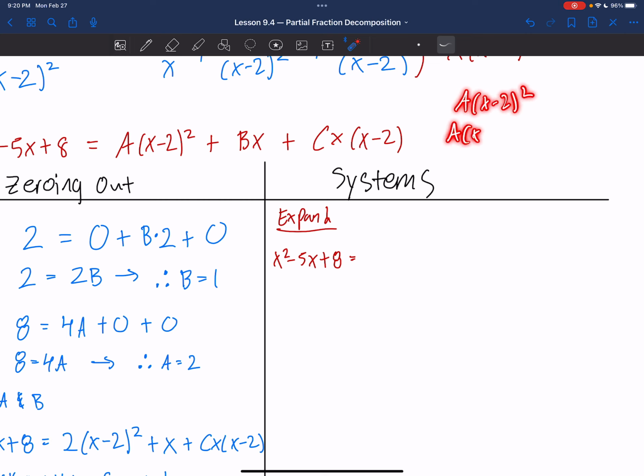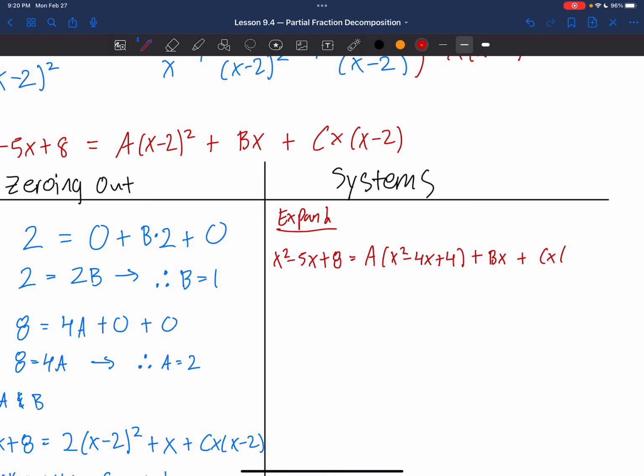That's a times x minus 2 times x minus 2. That's a times x squared minus 4x plus 4, plus bx plus cx times x minus 2.